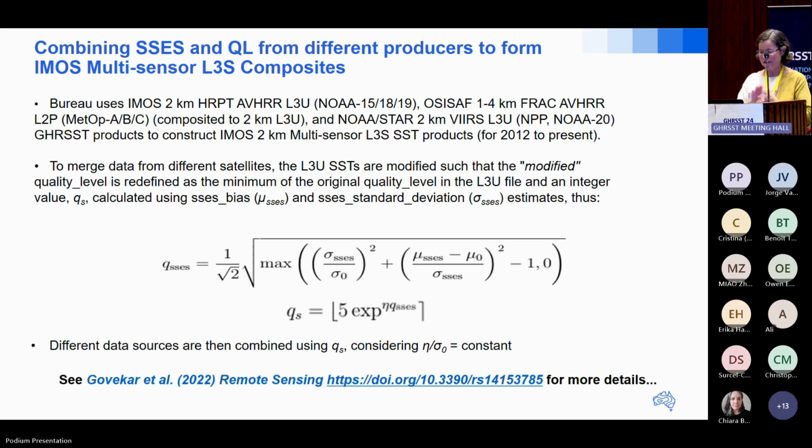I won't go into these details because this is not exactly my work, but it's all documented in Pallavi's paper that was published in a remote sensing journal last year, 2022. So I suggest you go there for the details.